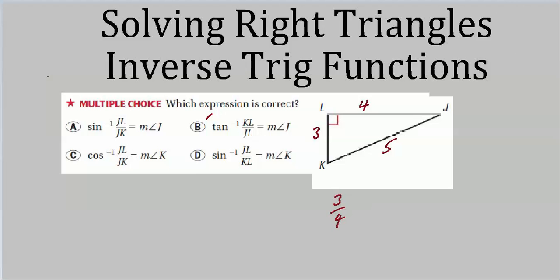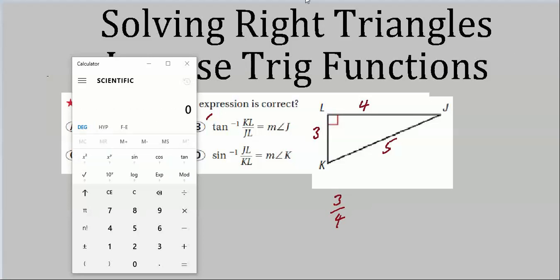Here we go. If this was a 3, 4, 5 triangle, what would this angle here be? Well, we could take the tangent. Pardon me, that's not the angle I wanted. We want to figure out angle J. Then the tangent is 3 over 4.